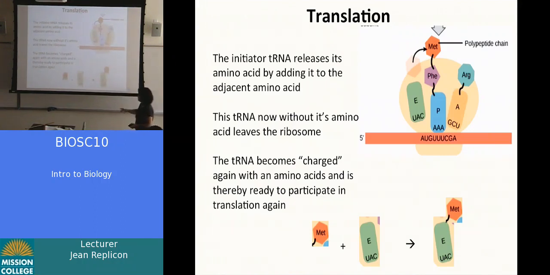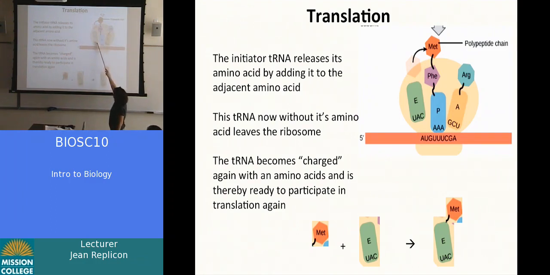So once that tRNA leaves, after it's brought its amino acid and attached it, it would find another methionine, and then it's ready to play again. So that initiator, that first one, is released, so it's now out of the picture.